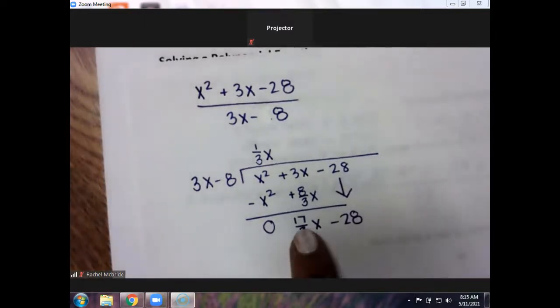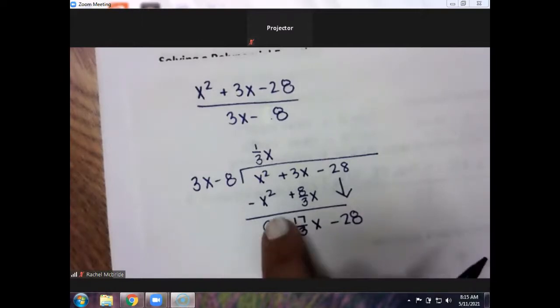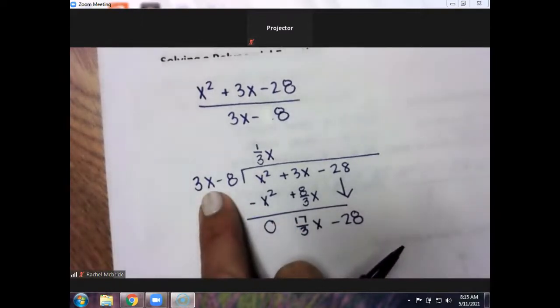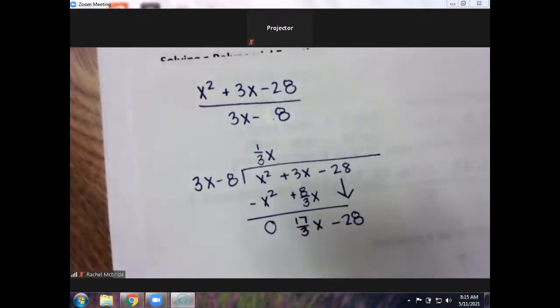And so again, you say, okay, what do I have to multiply 3x by to get me 17/3? So it's really kind of like the opposite. It's like taking 17/3 and dividing it by 3. So in this case, that would kind of be like multiplying by 17/9. So you can get your 3 out of the bottom.